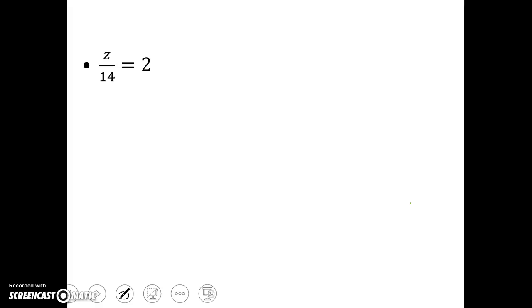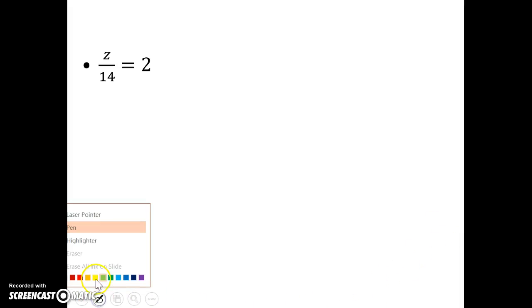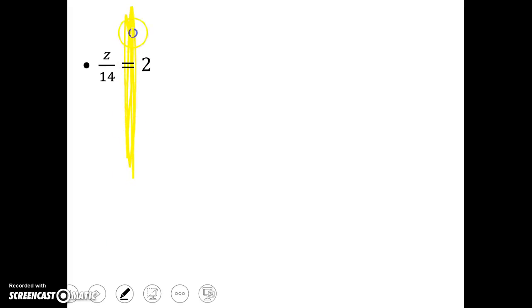Okay, this problem says z divided by 14 equals 2. So again, we're going to go ahead and still separate our equation down the middle. And that is saying z divided by 14 equals 2. Remember, he's at the bottom, so you divide by 14, so the opposite would be to multiply by 14.